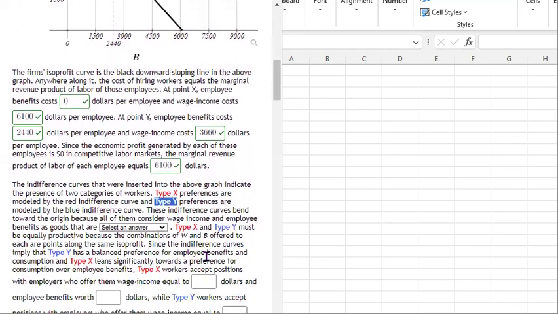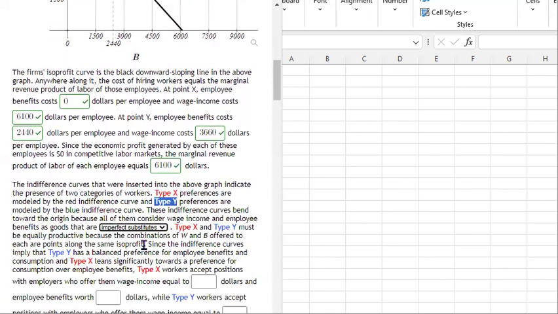These indifference curves bend toward the origin because all of them consider wage income and employee benefits as goods that are imperfect substitutes. If they were perfect complements, you'd have a line. If they're perfect substitutes, they would be L-shaped.